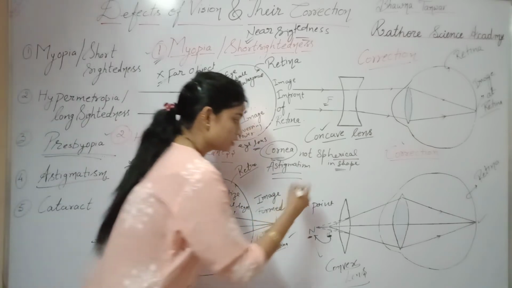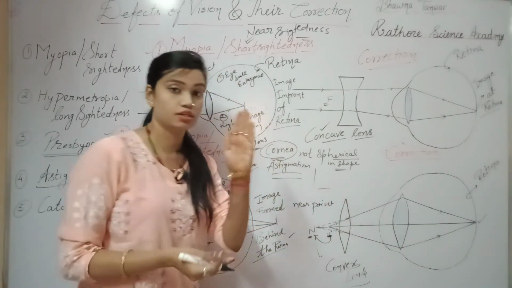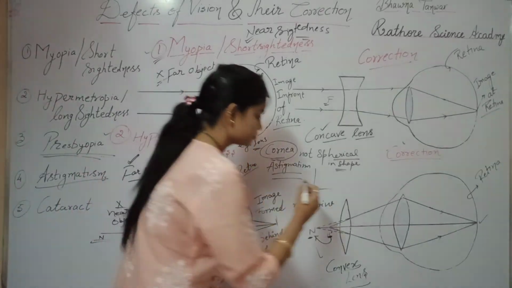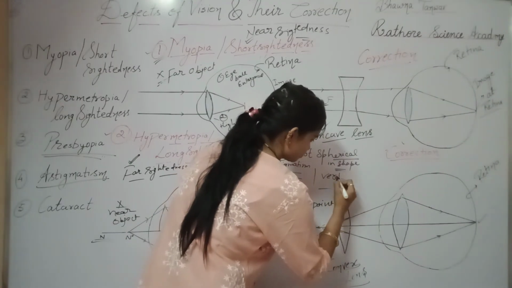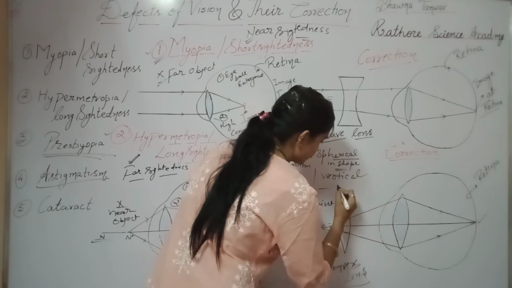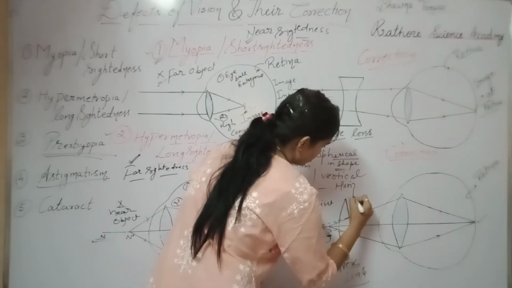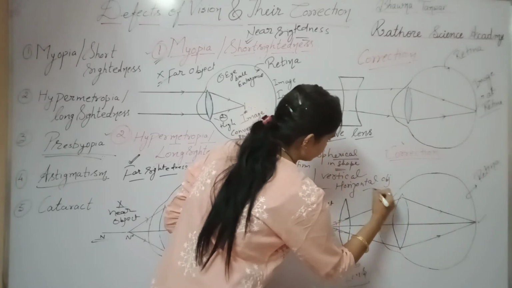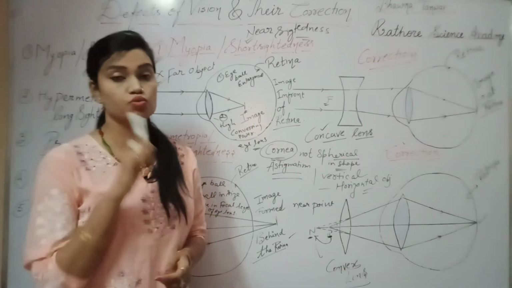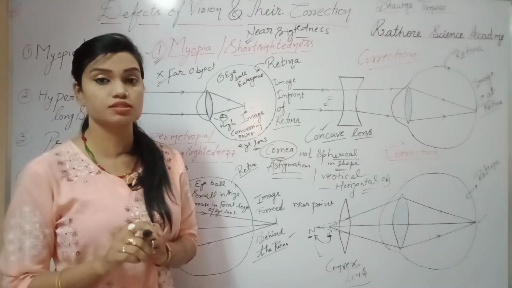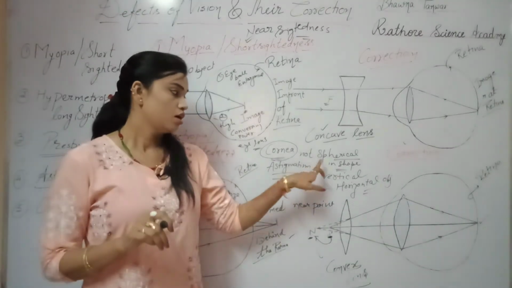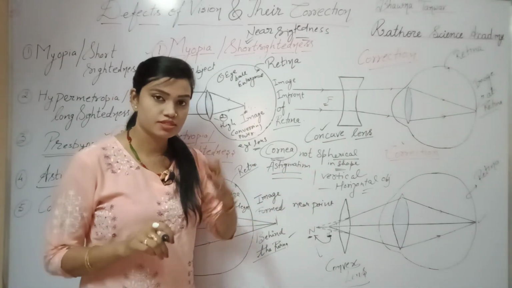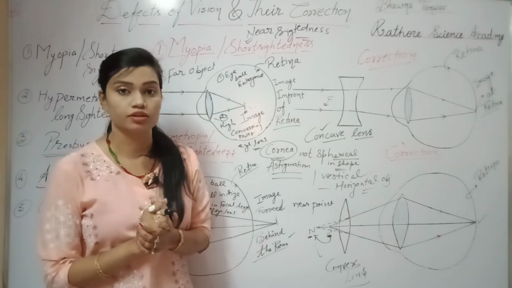the vertical and horizontal objects clearly. The people who are suffering from astigmatism are not able to see vertical as well as horizontal objects clearly.